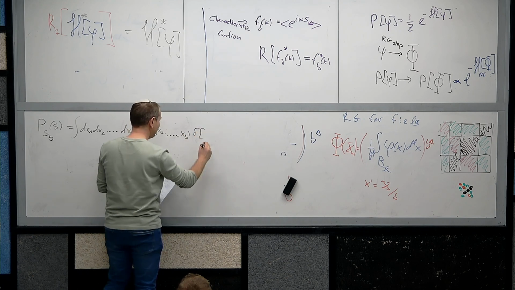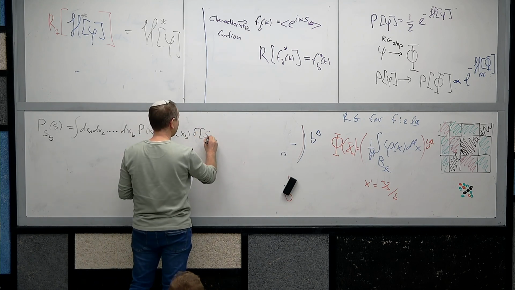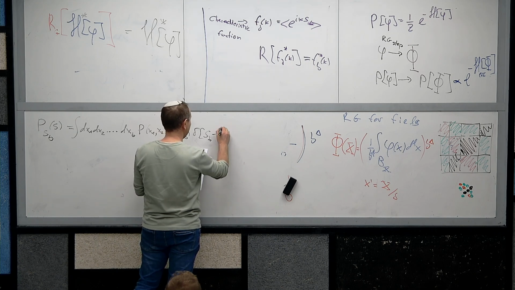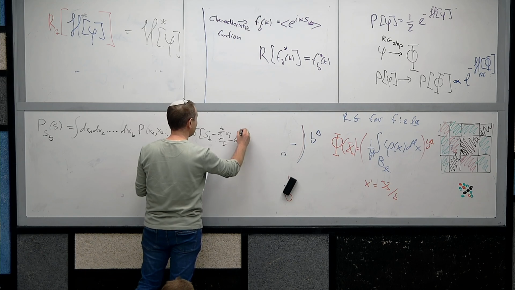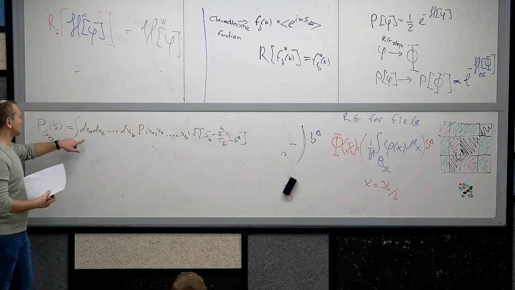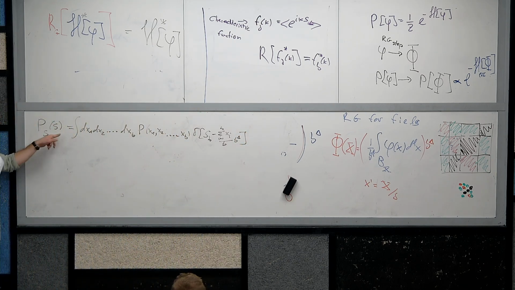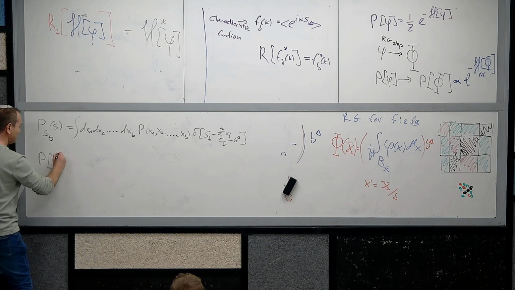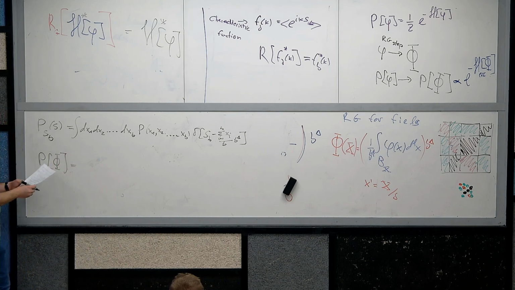And here I have a delta function of s_b minus the summation of i from 1 to b of x_i divided by b, multiplied by b to the power delta. This is the transformation that I performed. Okay? It's a convolution.